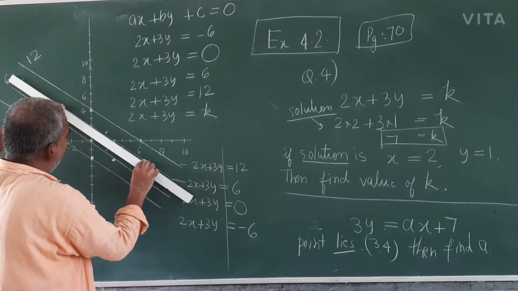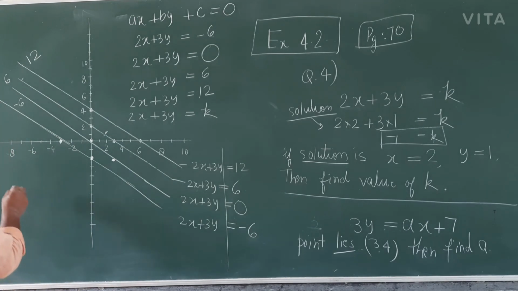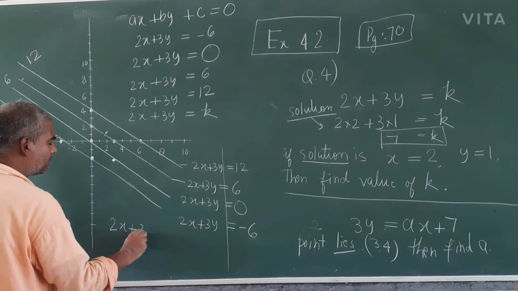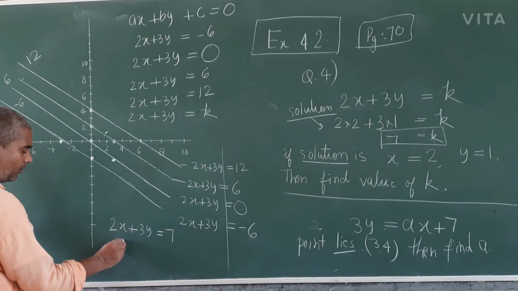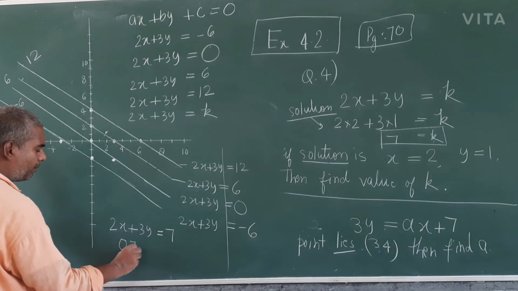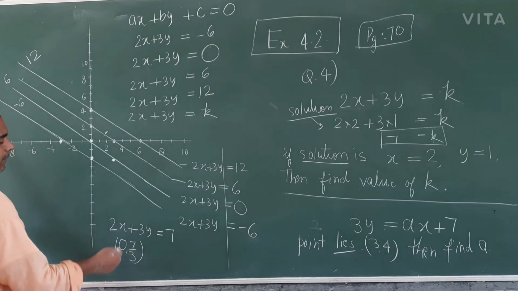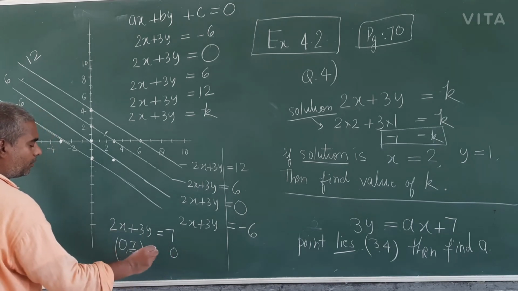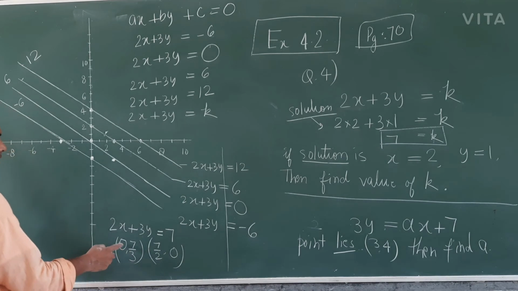When you draw 2x plus 3y is equal to 7 in your copy, if x equal to 0, y is equal to 7 upon 3, which is somewhat hard, so that's why I have not taken it. If y is equal to 0, then x equal to 7 upon 2, which means 3.5.